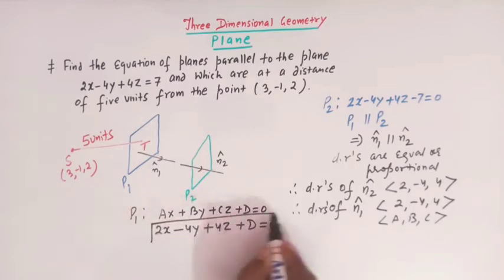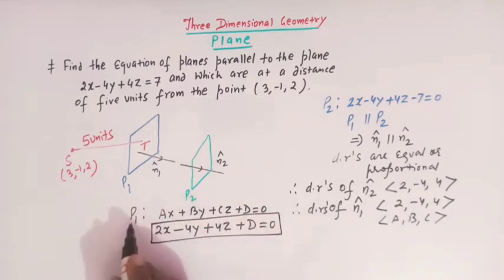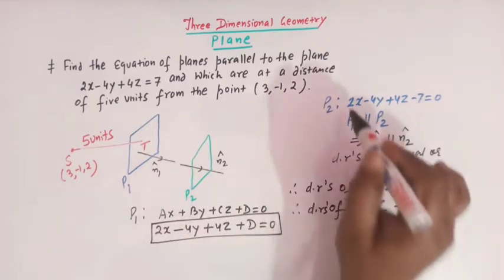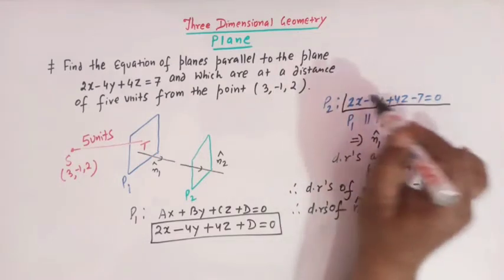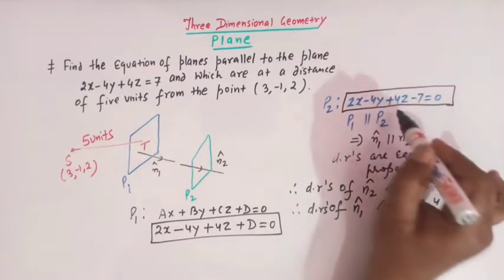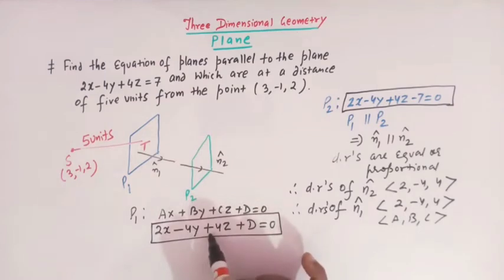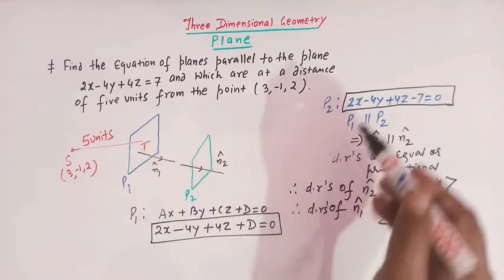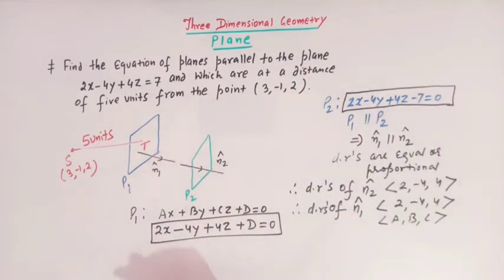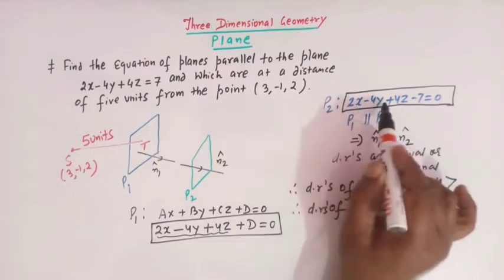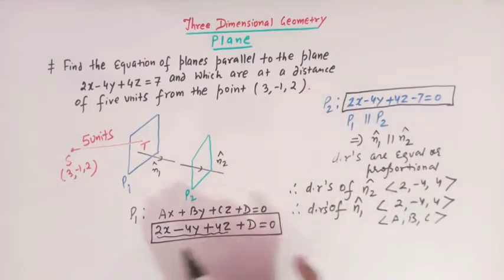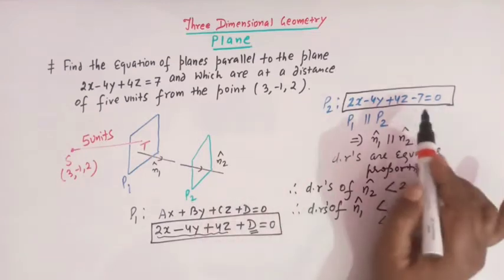So this is the equation of the plane P1, and the equation of the plane P2 is given by this equation. If we observe the equations of P1 and P2, we see that this component is the same in both equations, and the two equations differ only in the constants.